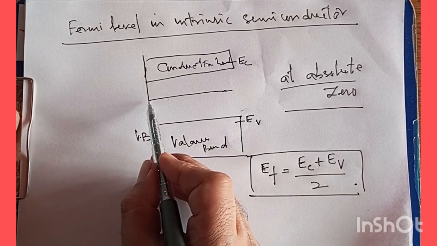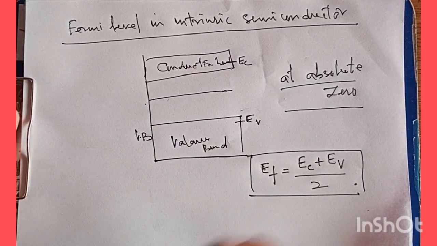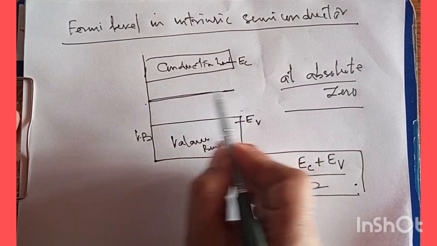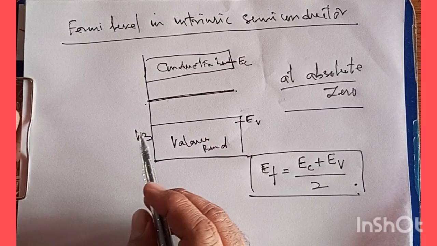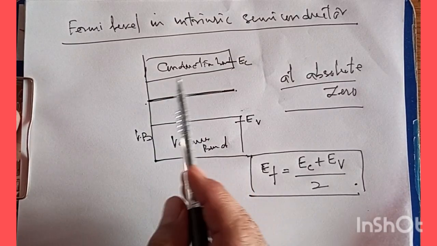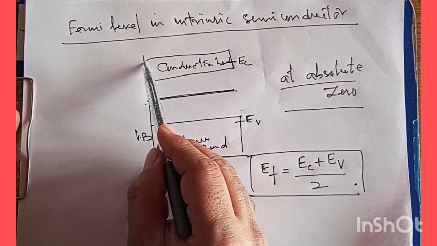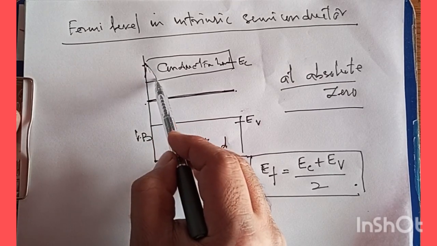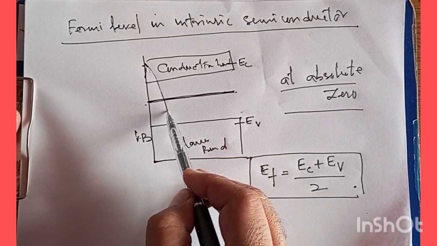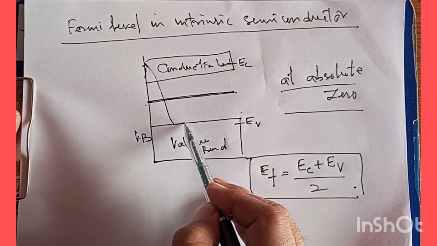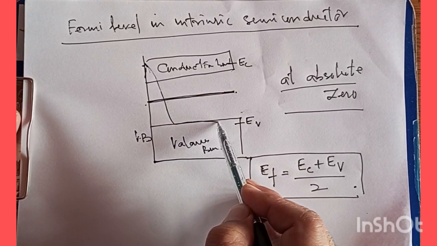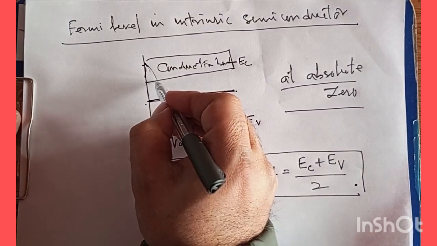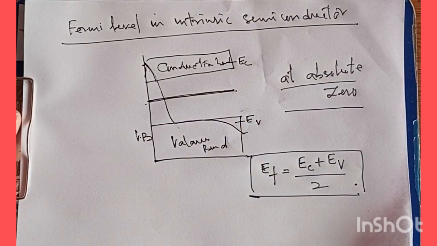So what happens basically is, when we increase the temperature, your Fermi level will be exactly here. As we increase the temperature, the availability of electrons in the conduction band goes on increasing, and we have holes that are created in the valence band.